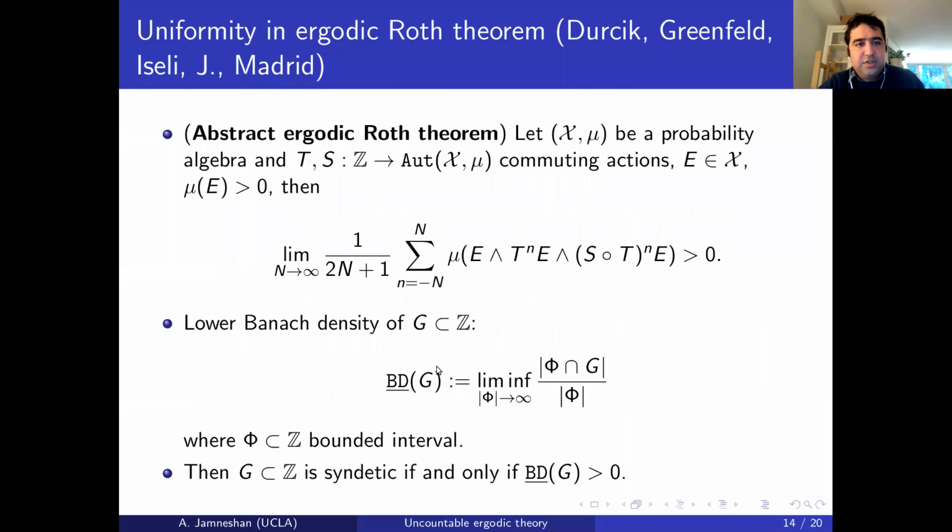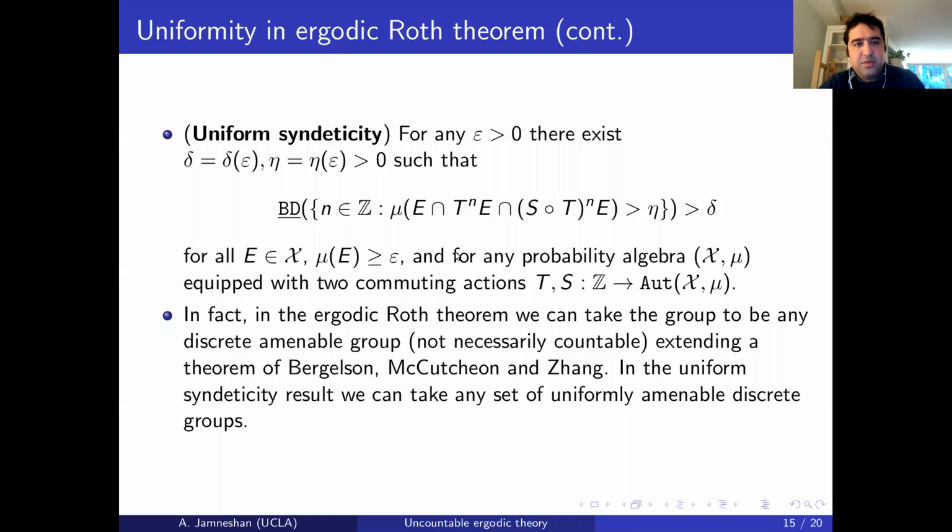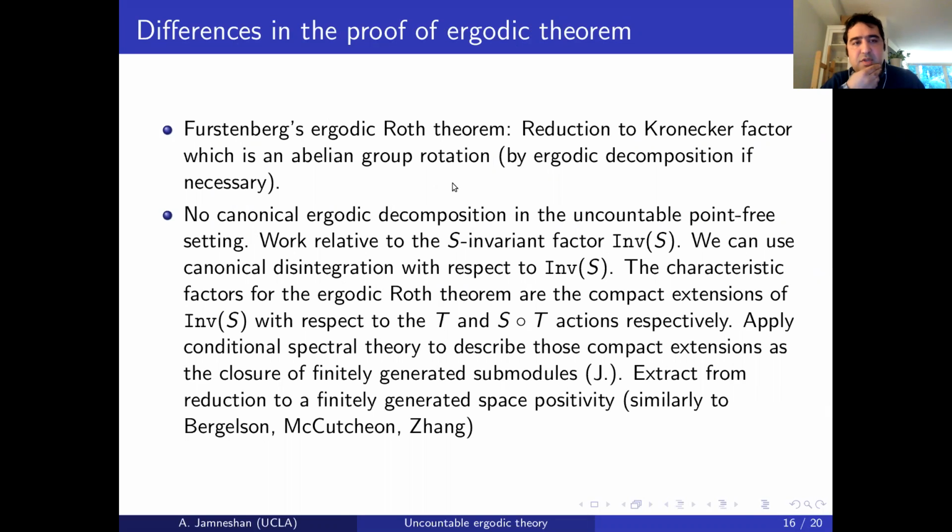Let's comment on what the differences are to the classical theorem of Furstenberg. The way Furstenberg's theorem works is that one reduces to the Kronecker factor. The Kronecker factor is the largest group rotation, abelian group rotation, inside the system. And one can show that this Kronecker factor is characteristic.